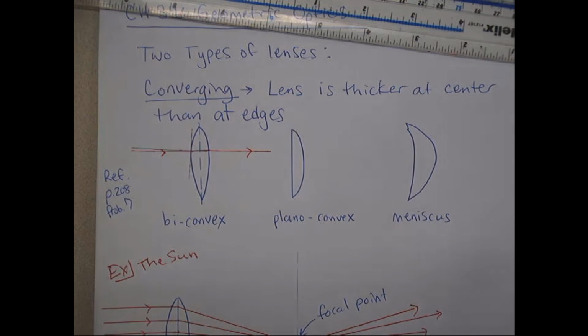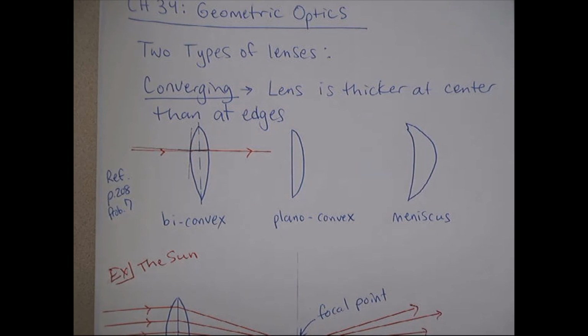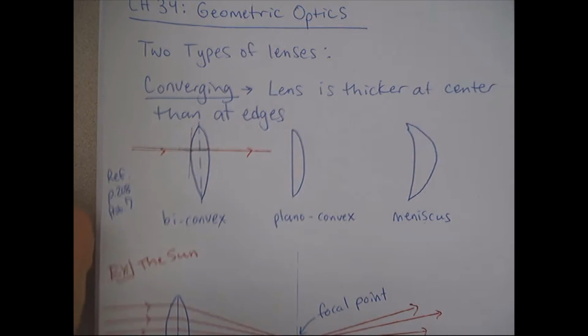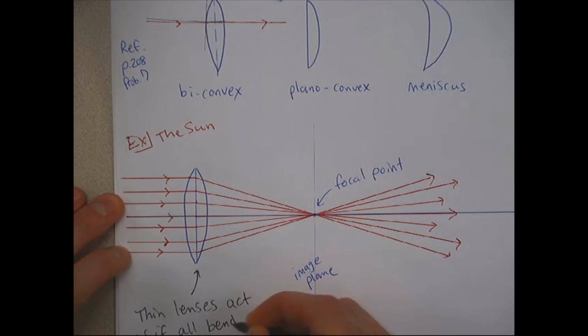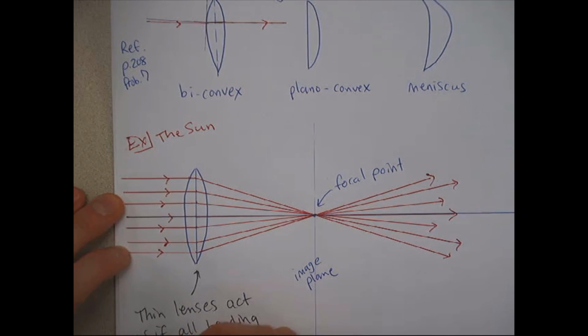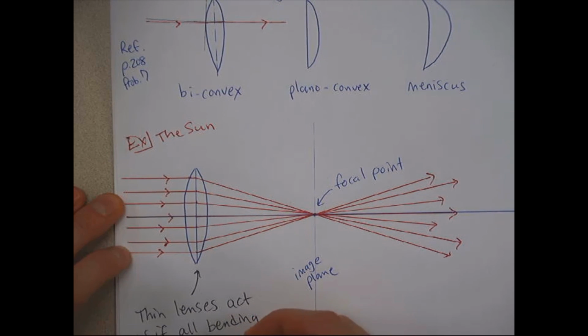And that's giving us our first clue towards the next video, where there's one special location on the lens where light will pass through without changing directions. The take-home point with thin lenses is that we can model them as if all bending or refraction occurs at the center.